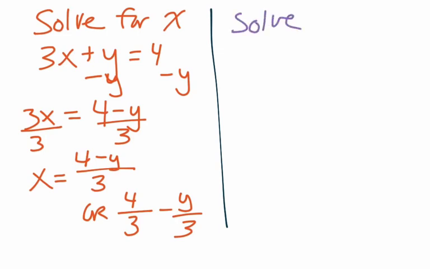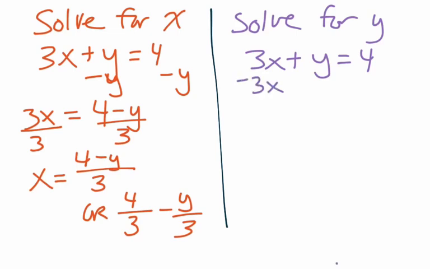Now, you could also have this same problem and be asked to solve for y, which means that you would be trying to get the y by itself. Well, I have a positive 3x right there. If I wanted to move that, I would subtract 3x from both sides. 3x minus 3x is 0, leaving me with the y.